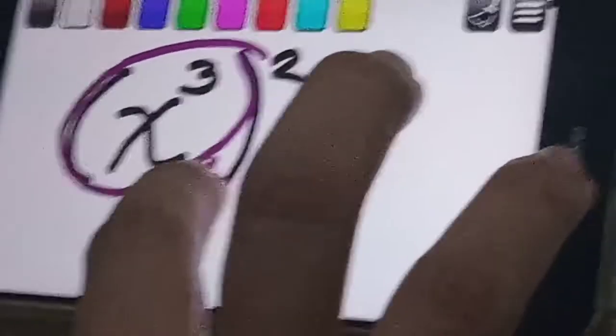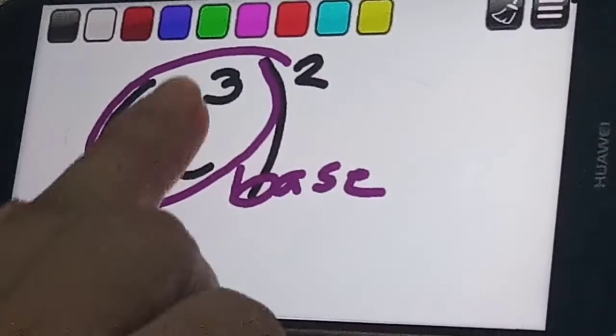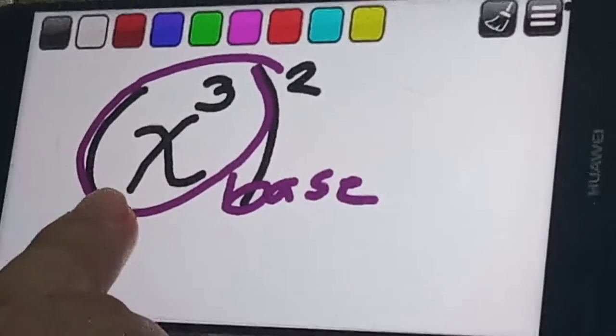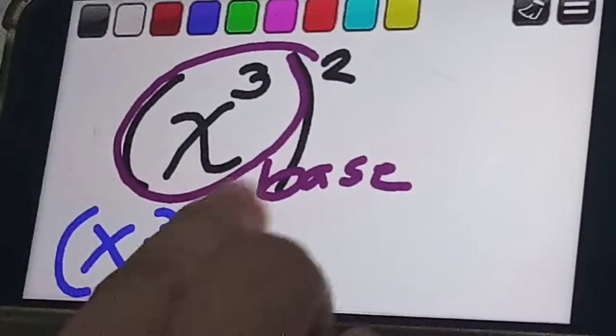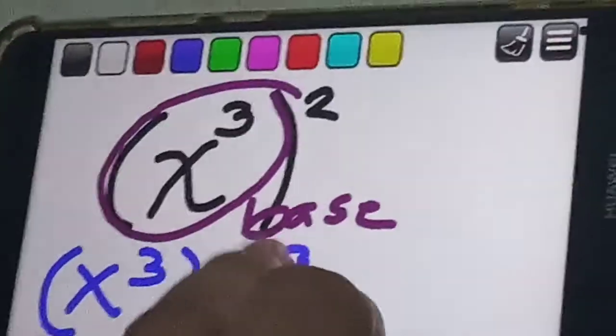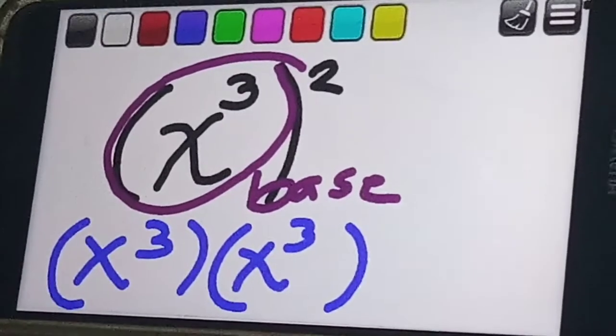So x to the third power will be multiplied to itself twice. It will become x to the third power times x to the third power. This is the expanded notation of this given.